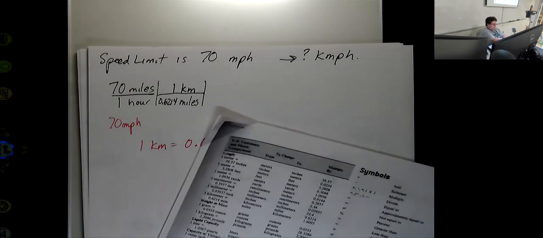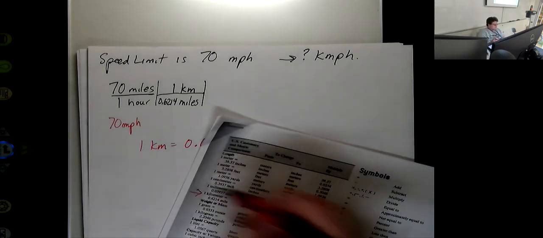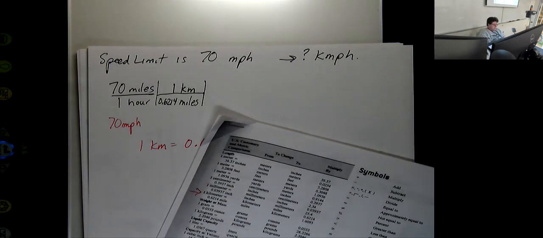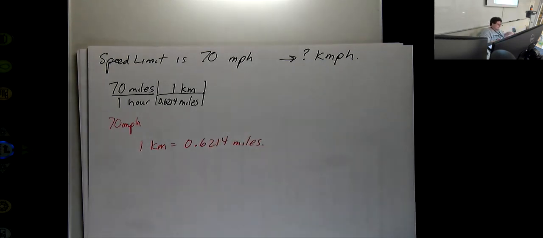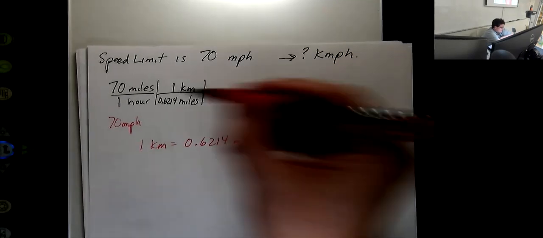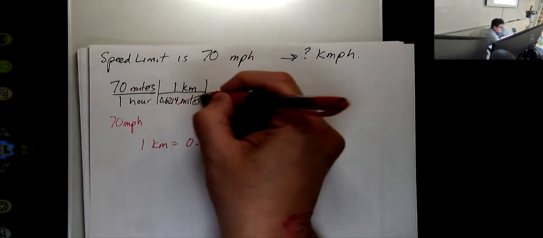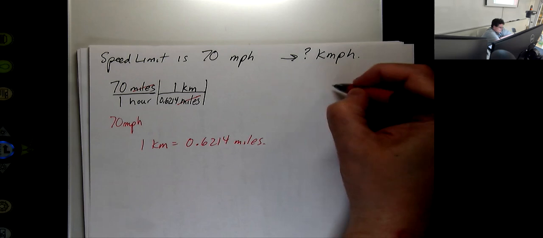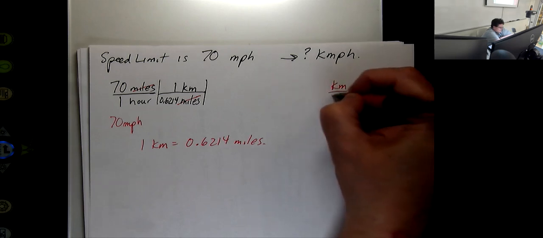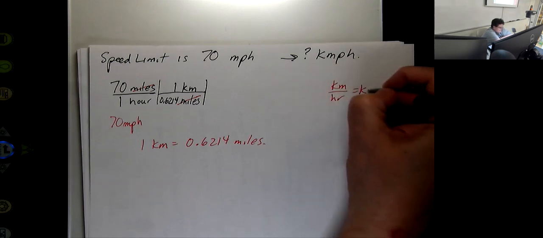I found it right here. Okay. So if I do that, the miles go away and I have kilometers over hours, which is kmph.